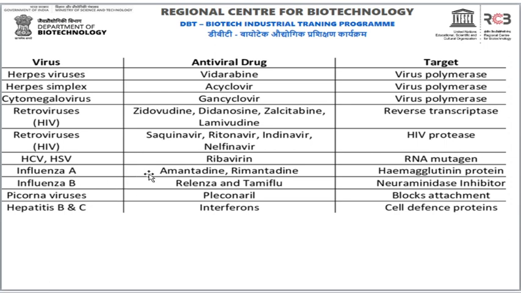They employ amantadine and rimantadine, which target the hemagglutinin protein, and for influenza B, they employ Tamiflu, which acts as a neuraminidase inhibitor. Next, for picornavirus, they use a drug called pleconaril, which blocks the attachment of the virus to the host cell, so the virus cannot attach to the host cell.